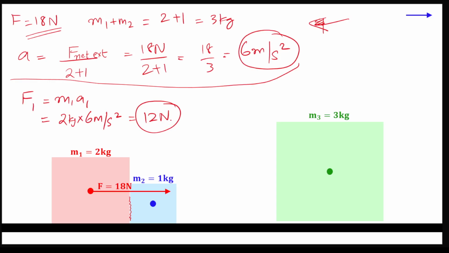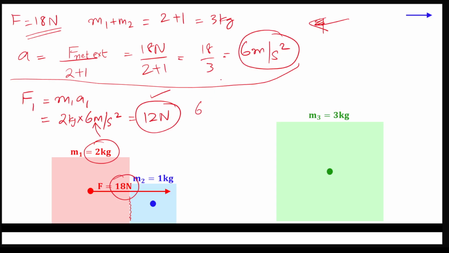This means that for an object of 2 kgs to be accelerating at 6 meters per second square, it requires only 12 Newton. But then there is 18 Newton acting on it already. So there is a disparity of 6 Newton. Where did this come from?